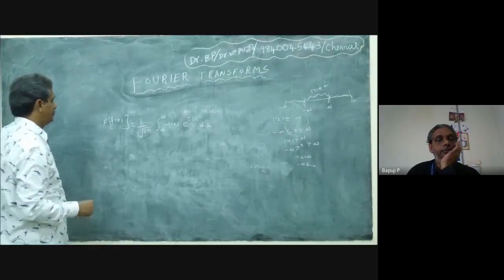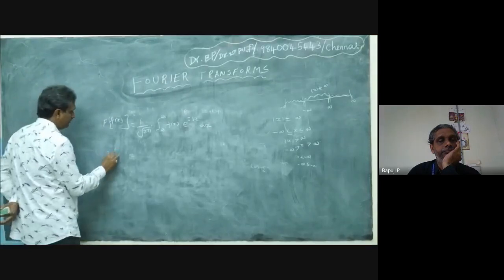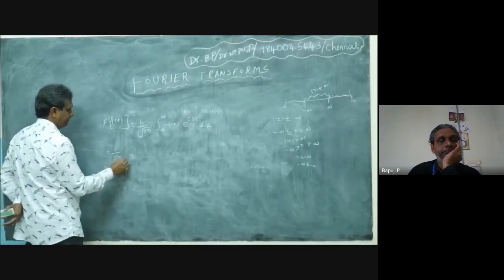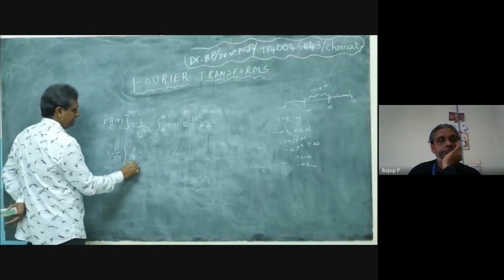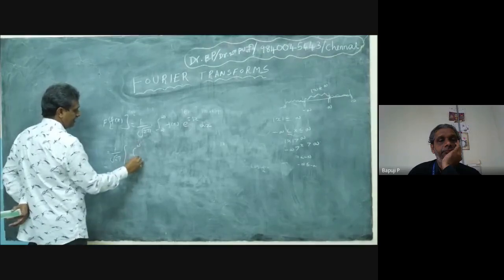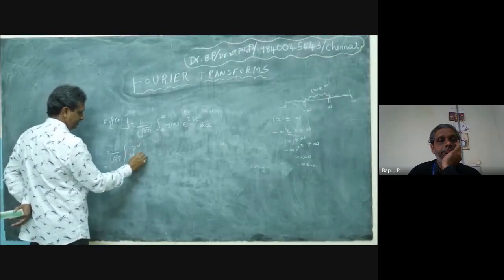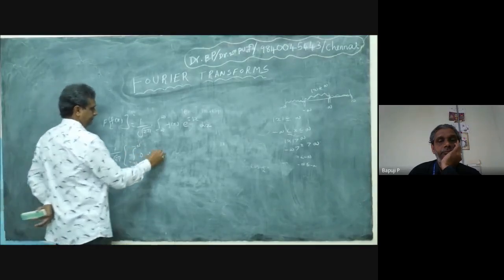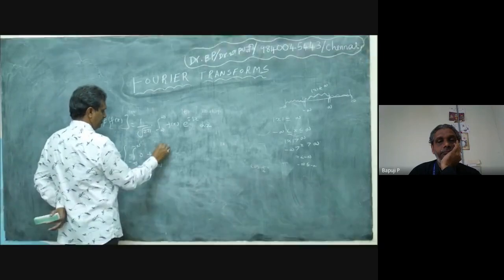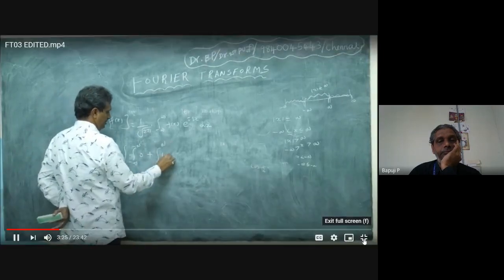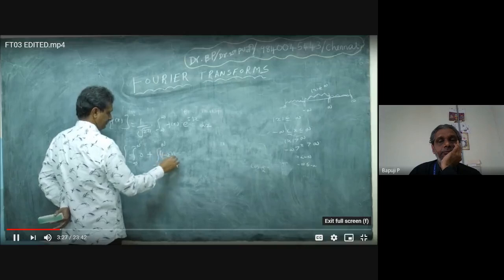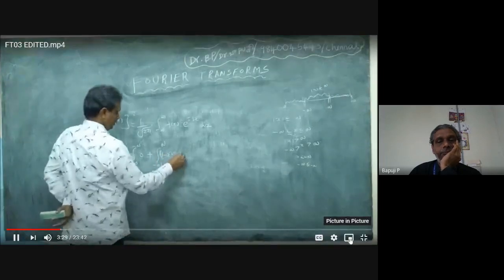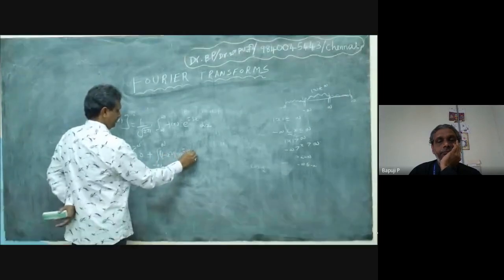So if I define the whole domain, minus infinity to minus a, what is my value? 0. Plus minus a to a, where 1 minus x square comes, e power isx dx.